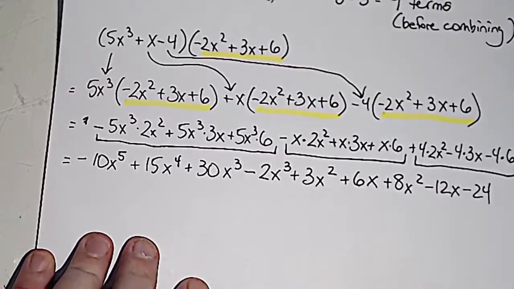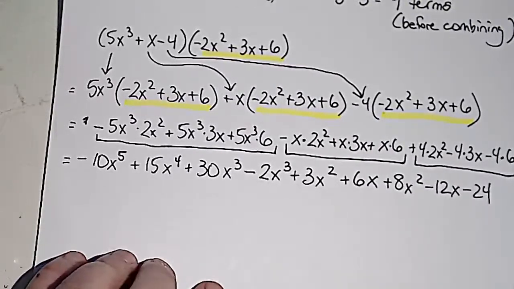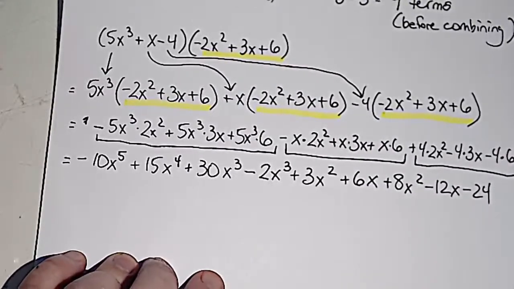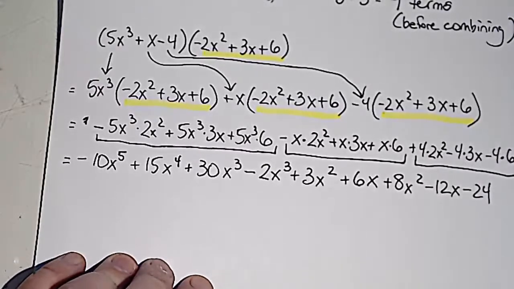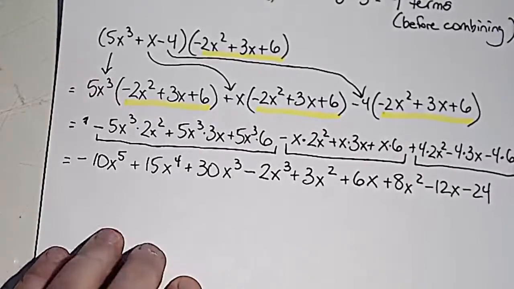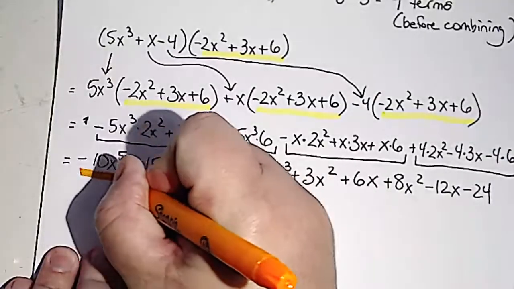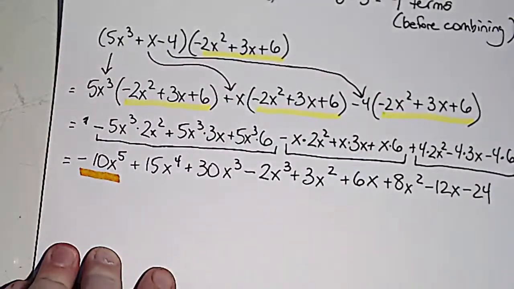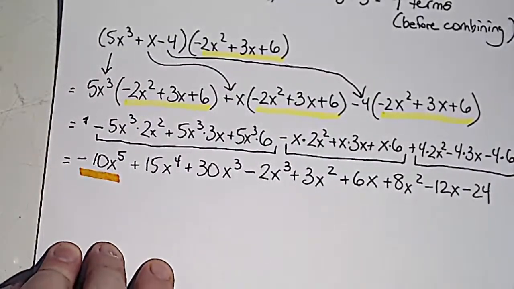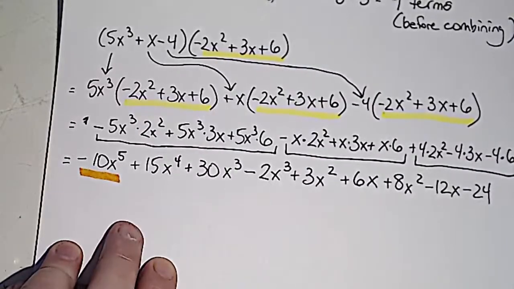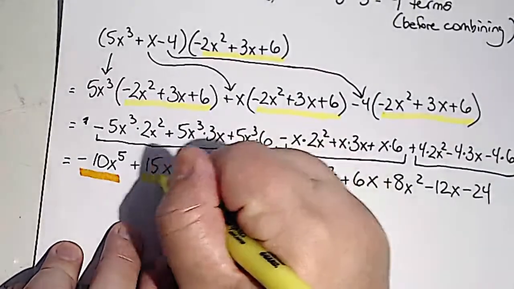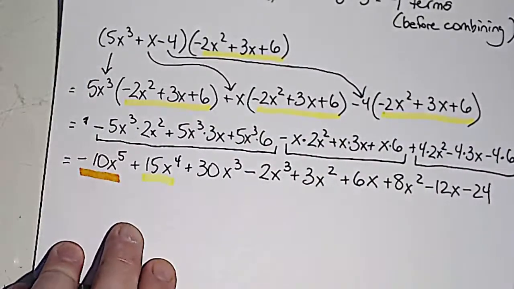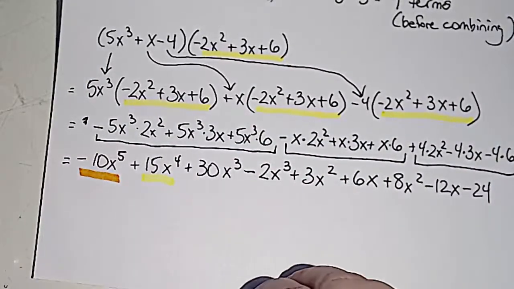Oh my goodness. At this point, I think I'm color coding because there's so much going on. So let's go. Okay, my x to the 5ths are going to be orange, and I only see one of those. Okay, good. My x to the 4ths are going to be yellow, and I actually only see one of those. Okay, let's see if I've got my green.